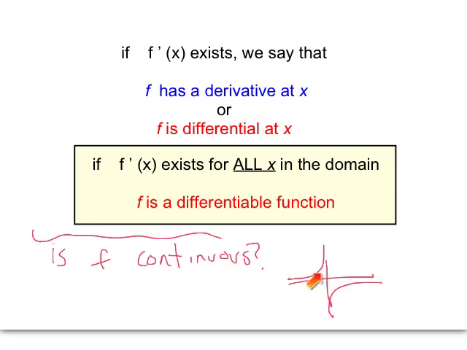However, that's outside the domain. So this is considered a continuous function. Similar kind of concept here. If the derivative exists everywhere in the domain, then we call f differentiable. All right, and we'll be using this term a lot throughout the course of the year, so you'll become more and more comfortable with it.